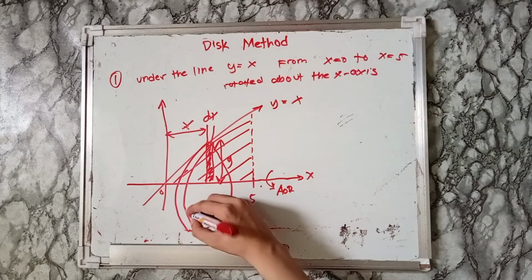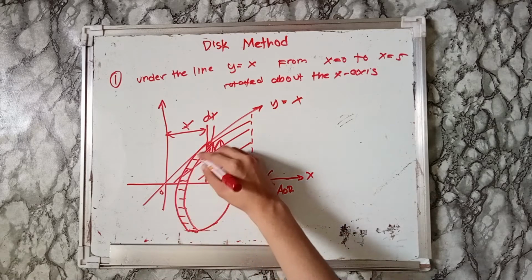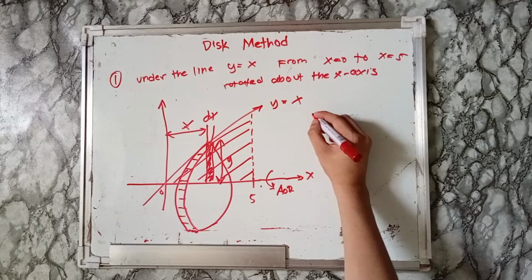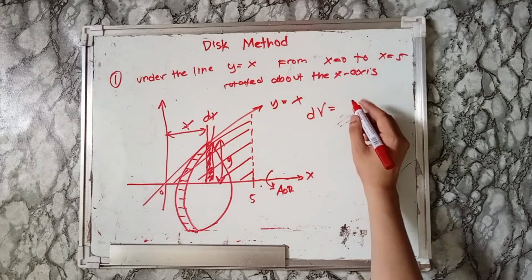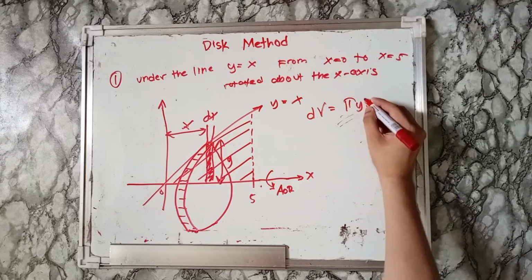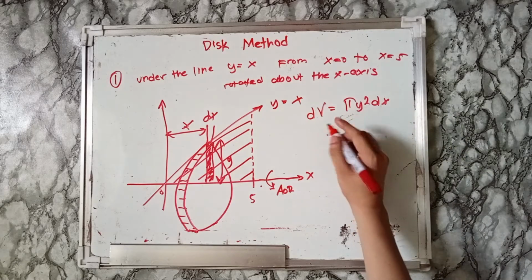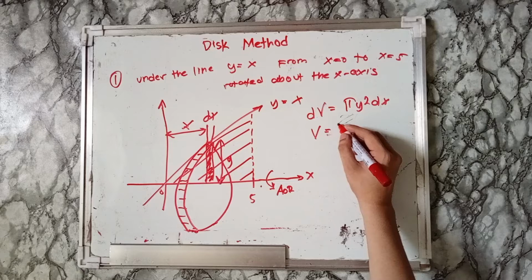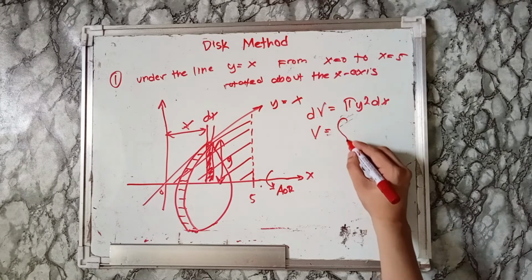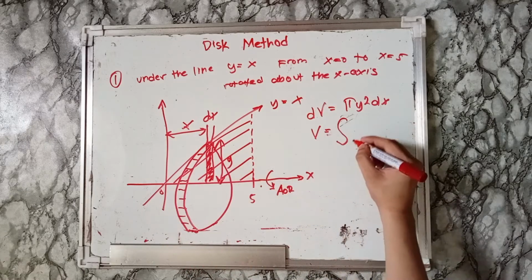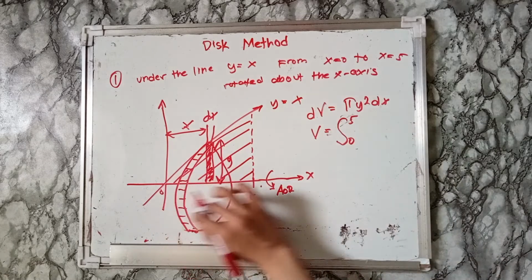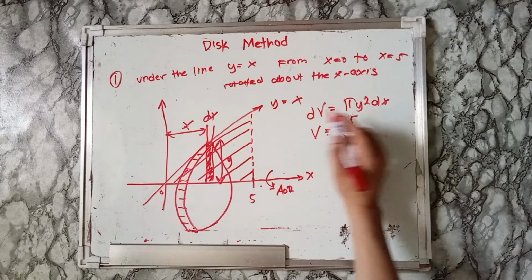So now if we need to find the differential volume, this is just pi y squared dx. If we integrate both sides, this is just volume is equal to the integral with limits from 0 to 5. So here are our limits, y squared.